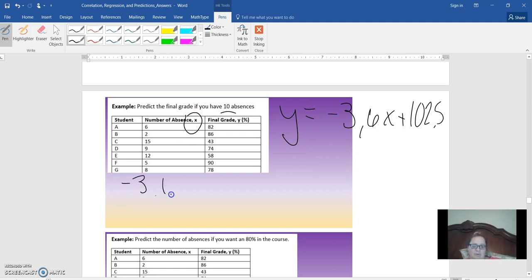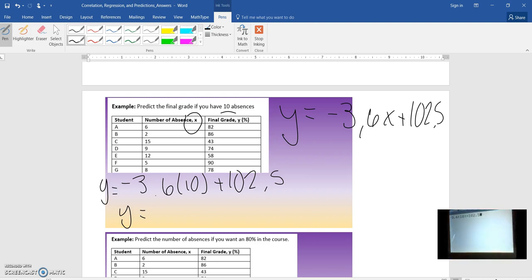So I'm going to do -3.6 times 10 plus 102.5, and I'm going to estimate what my grade would be. All right, so I'm just going to type -3.6 parentheses 10 plus 102.5, just exactly as is. And so my grade would be a 66.5.